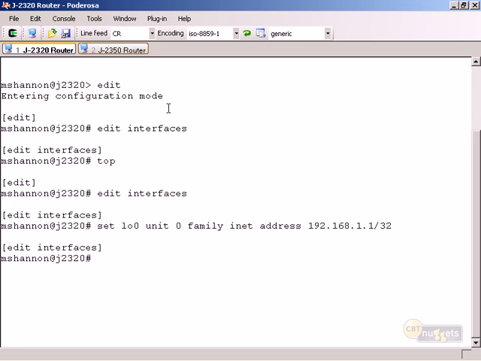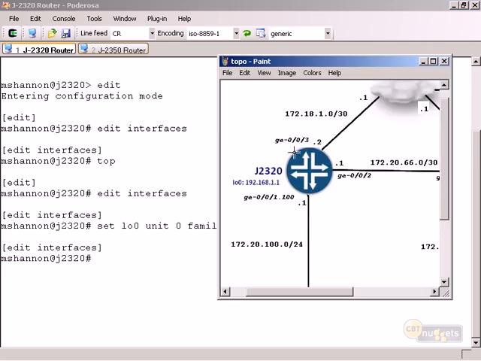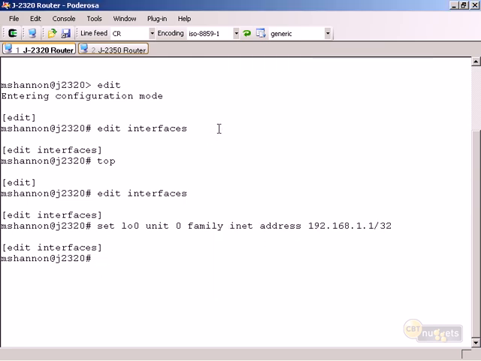Now let's go ahead and set the gigabit 003 interface. This 003 interface is going to have an address of 172.18.1.2/30. Remember, /30 is the same thing as a subnet mask of 255.255.255.252. Okay, so let's go ahead and set that interface.